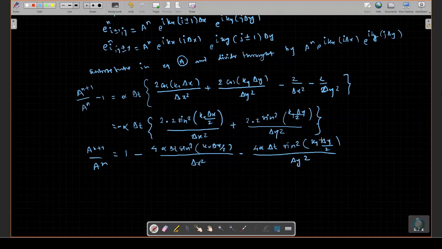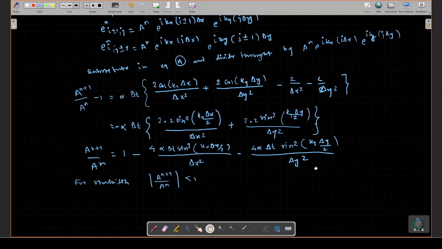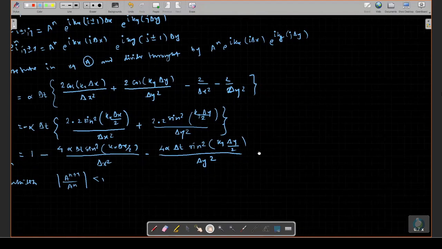Okay. Now this is a nice form we got, and the condition for stability is that the magnitude of A_(n+1) over A_n should be less than 1.